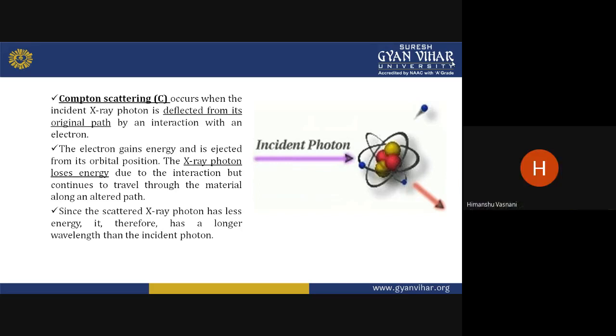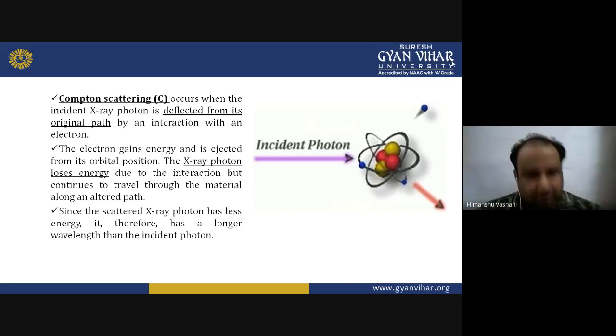The X-ray photon loses energy due to the interaction but continues to travel through the material along an altered path. Since the scattered X-ray photon has less energy, it therefore has a longer wavelength than the incident photon.